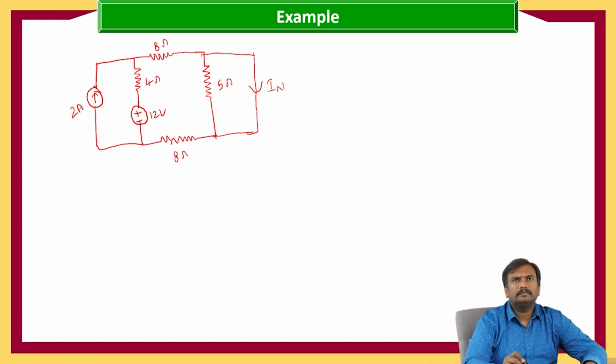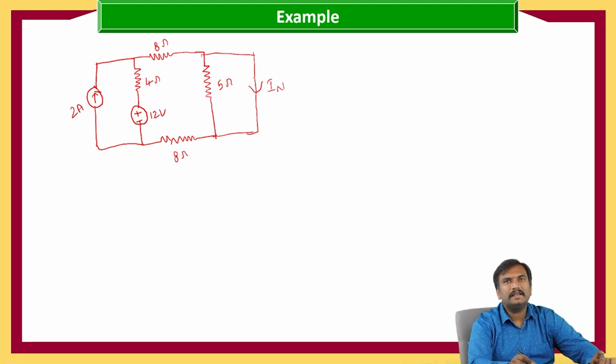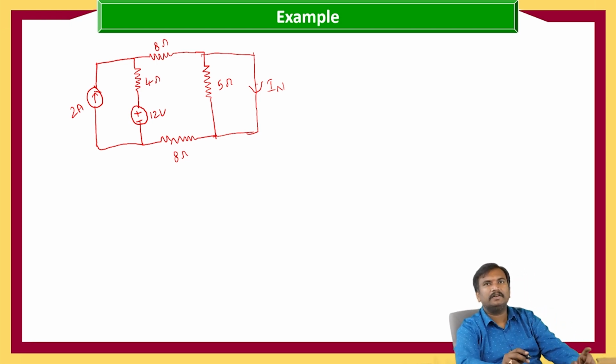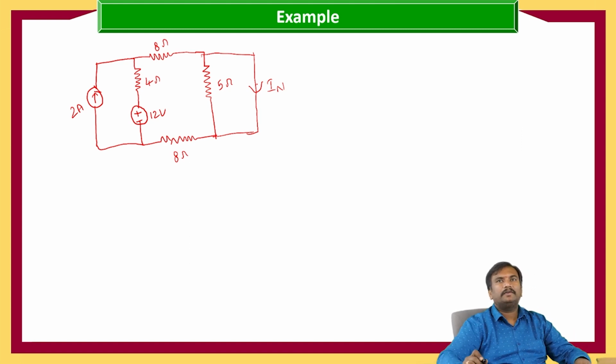So here we need to calculate the Norton's current. When we want to calculate the Norton's current, we make it a short circuit. Once there is a short circuit between the two terminals and only one resistance is connected between the two terminals, then that resistance will become a short circuit, because when two resistors are connected in parallel, the equivalent resistance will be R1 R2 by R1 plus R2.